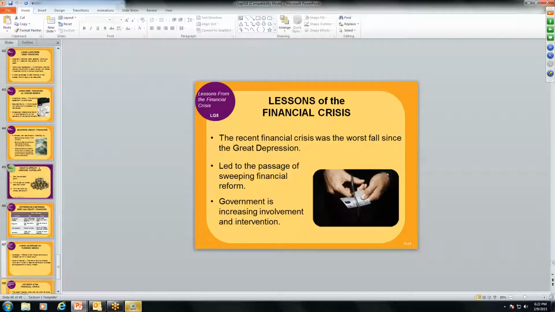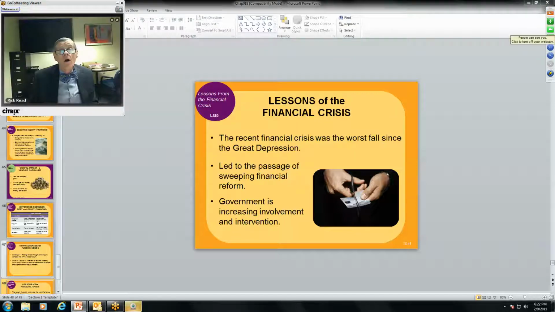We should all learn lessons from the Great Recession that we went through. We have had passage of sweeping financial reforms, as I mentioned when we talked about the Dodd-Frank Act. However, as I also mentioned, there are financial institutions that are chipping away at this.